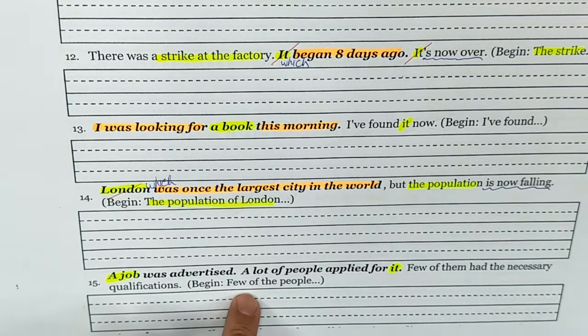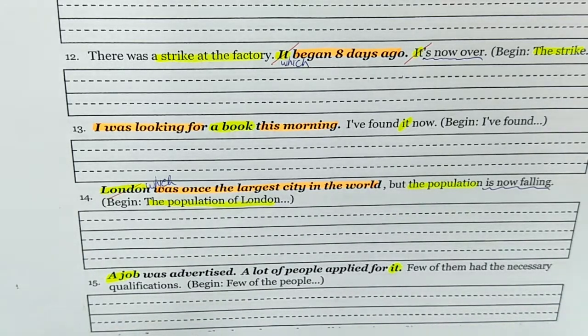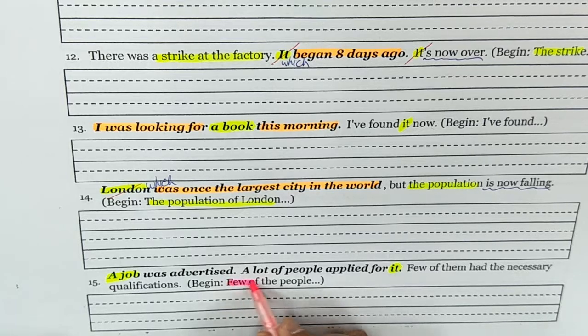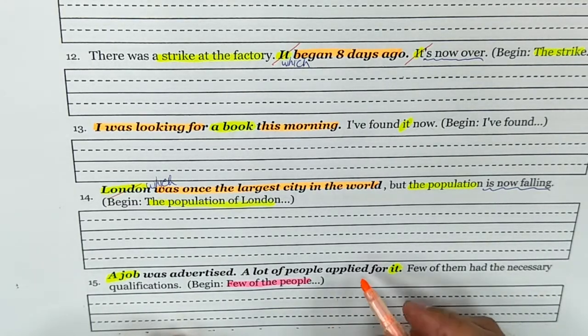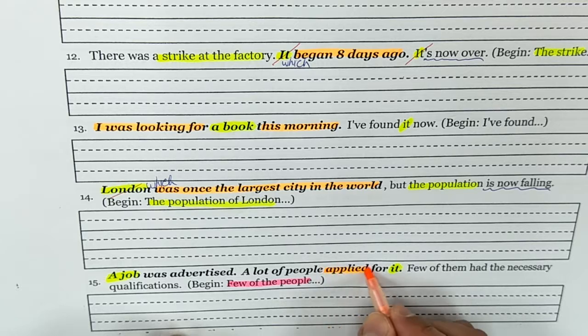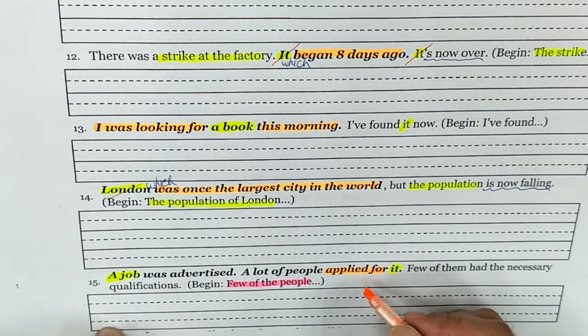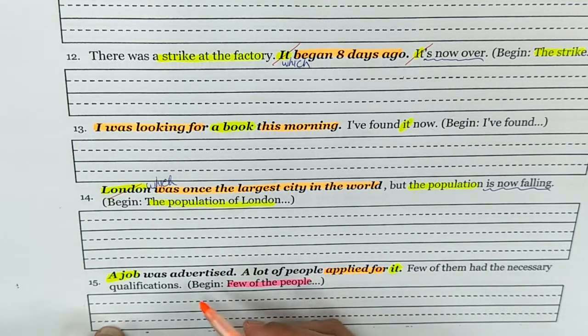Okay? And we're going to begin the sentence: Few of the people. Now, we're going to use this applied for. Applied for what? The job.